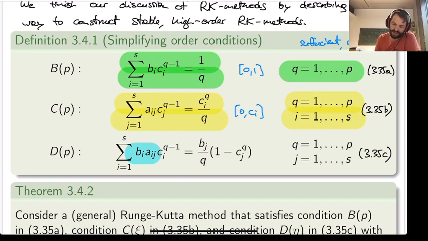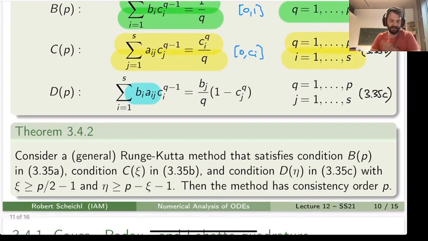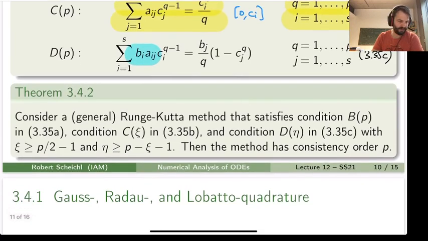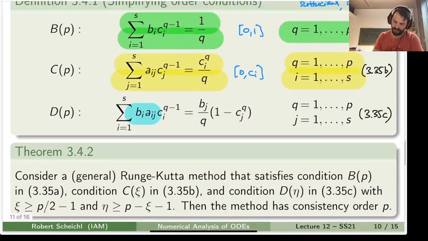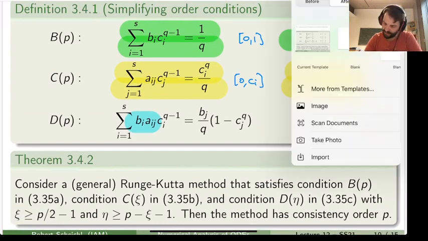So we define these conditions bp, cp, and dp, and then the theorem. Why did I not leave myself any space here? I forgot. I need to add a slide somehow. Let's add a slide after.